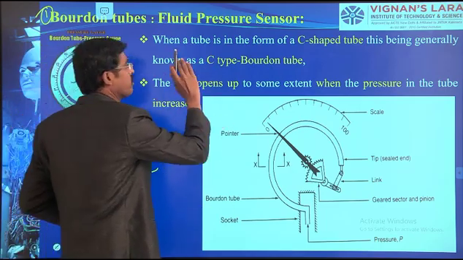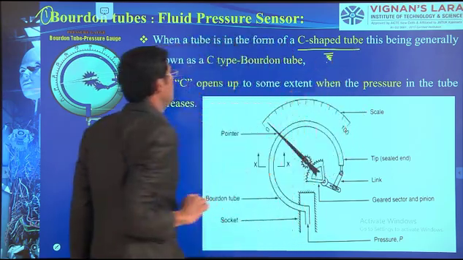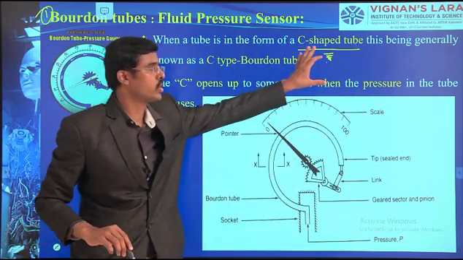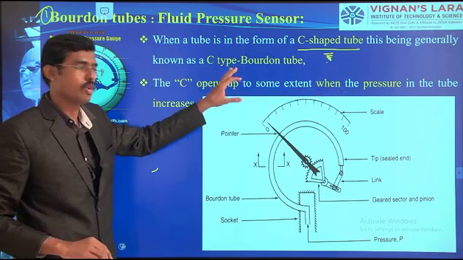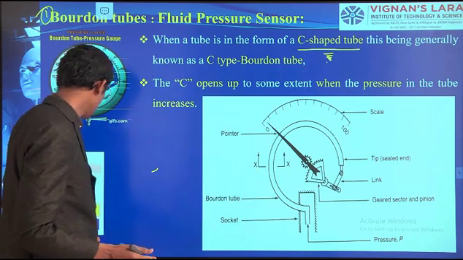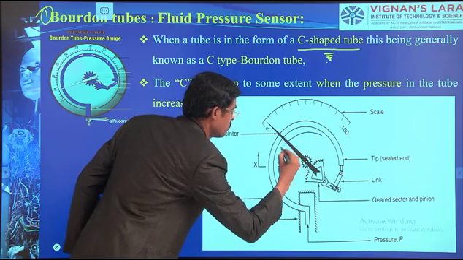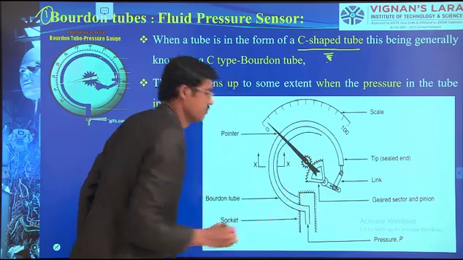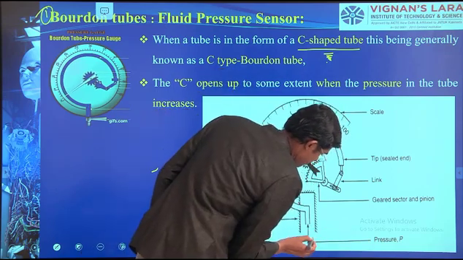When a tube is in the form of a C-shaped tube, it is generally known as a C-type Bourdon tube. We know this now. It is in the format of C. And we are going to apply the pressure here.